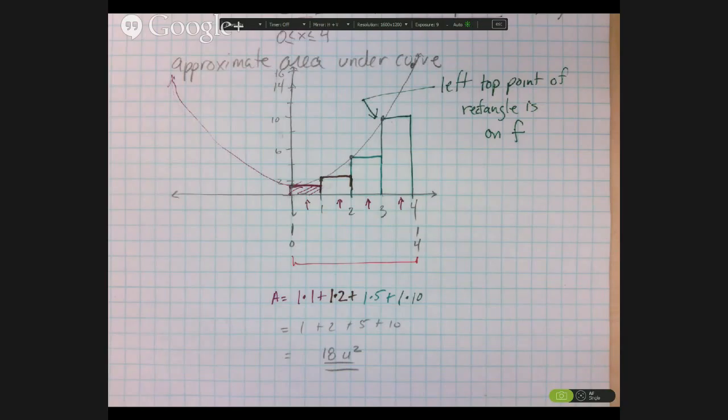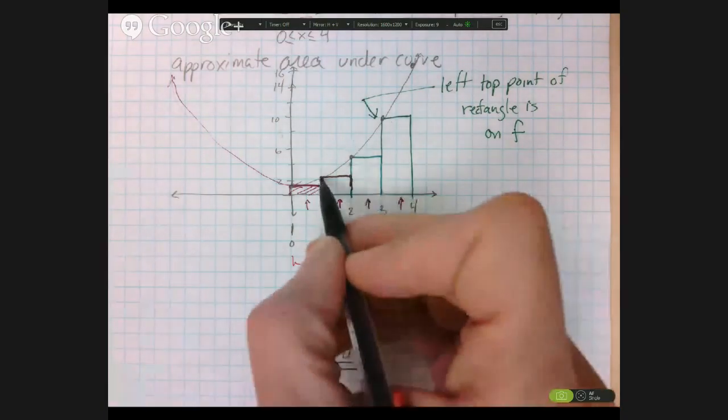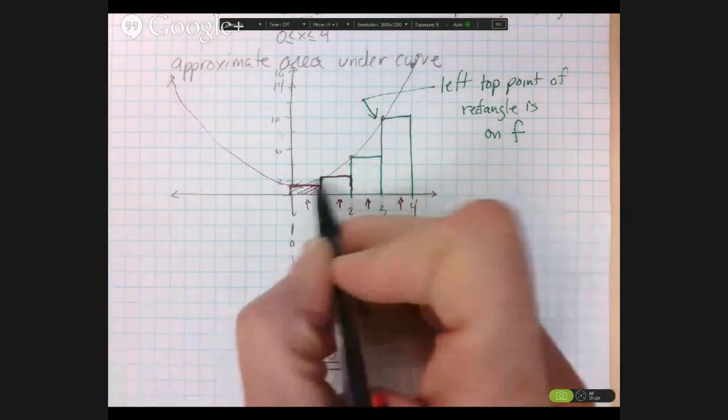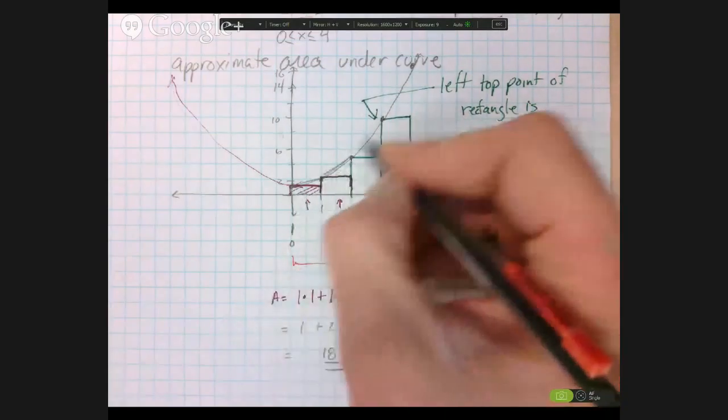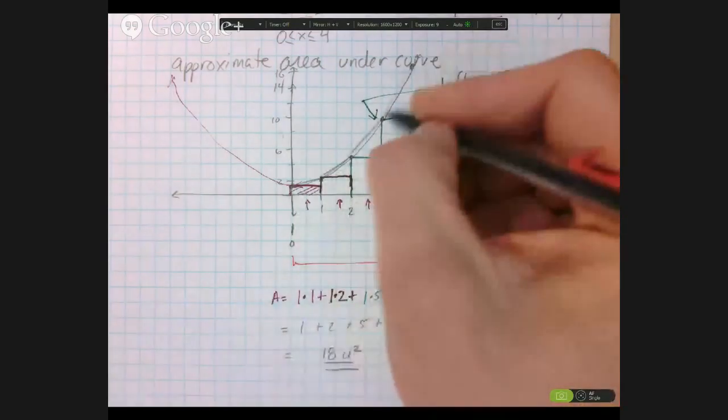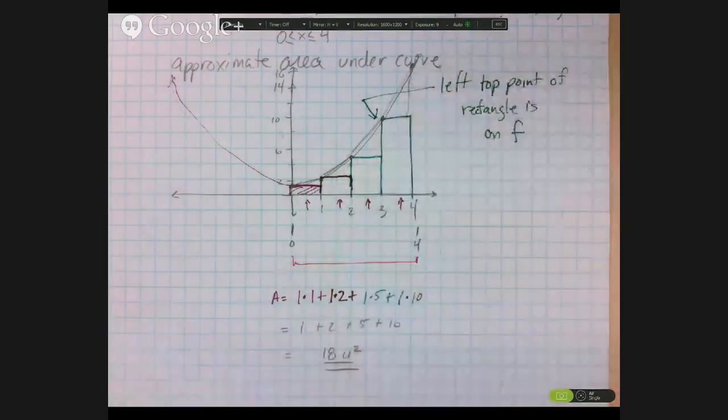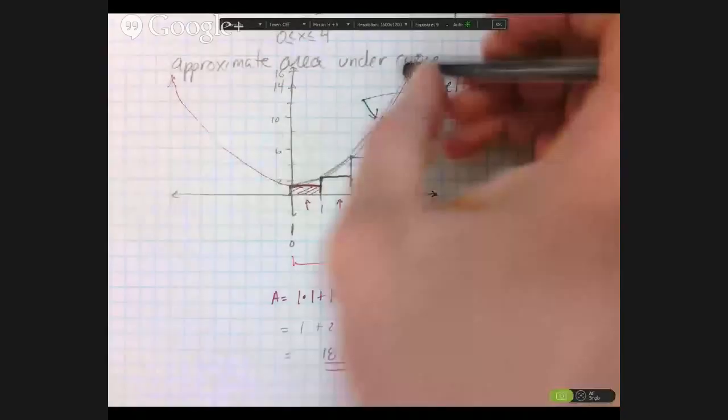What did you say, Alex? I said go from the point where they're touching the curved line. Yeah. Create some triangles? Yeah. Okay, that is actually the trapezoidal method that I'll teach you next week. And it is a closer estimate. So you guys are on the right track there.